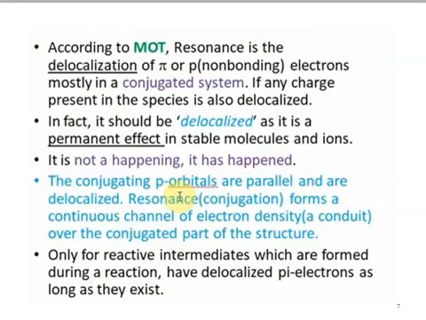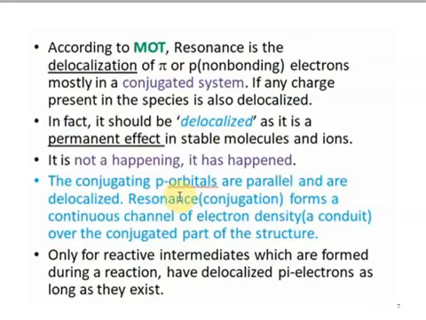And the pi electrons, if they are in conjugation, then they undergo resonance by delocalization of pi electrons. So resonance is basically delocalization of pi electrons or electrons in p orbitals.